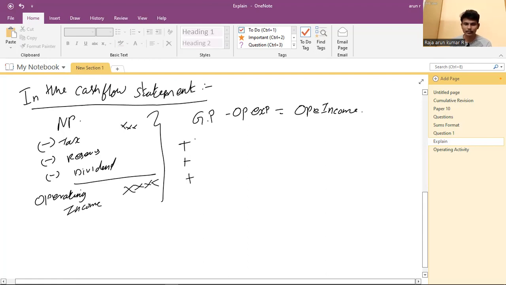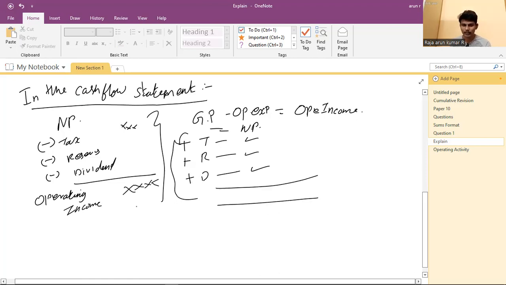This is our first format, P or D: T for taxes, R for reserves, and D for dividend. To the net profit we must add the taxes, reserves and dividend.